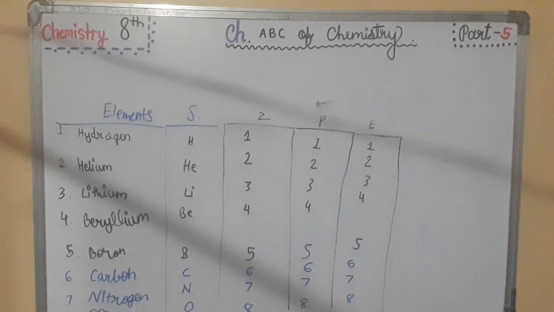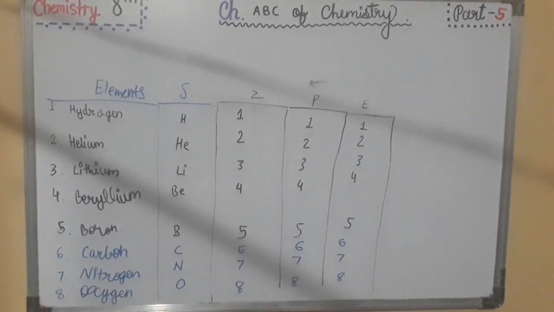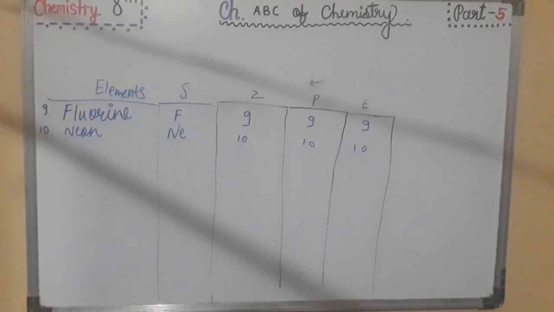Now, ninth element is fluorine, F. The atomic number of fluorine is 9 and proton is 9, electron is also 9. Neon's symbol is Ne, atomic number is 10, proton is 10 and electrons are also 10.